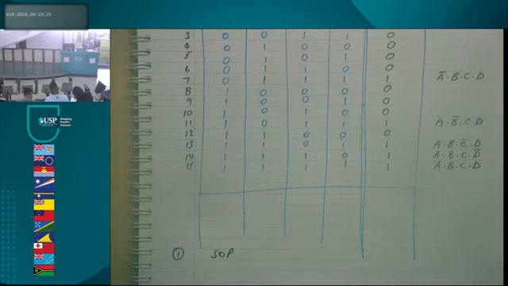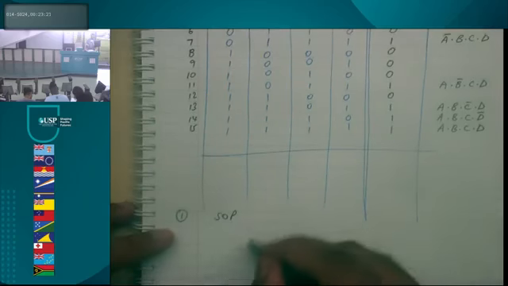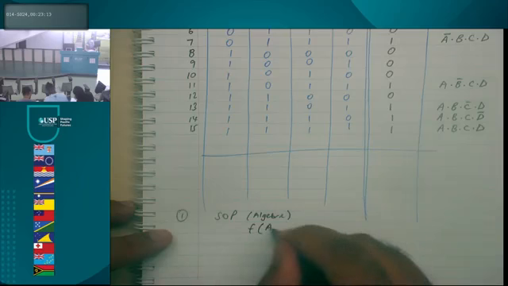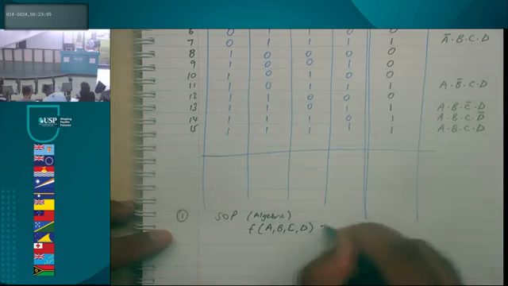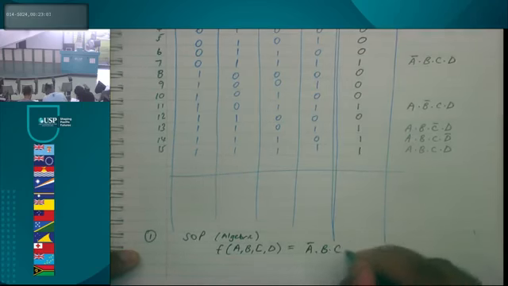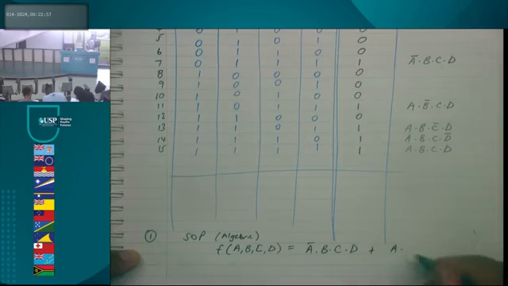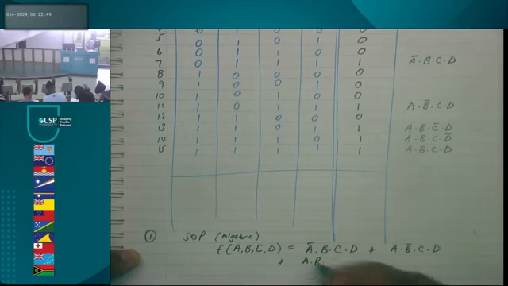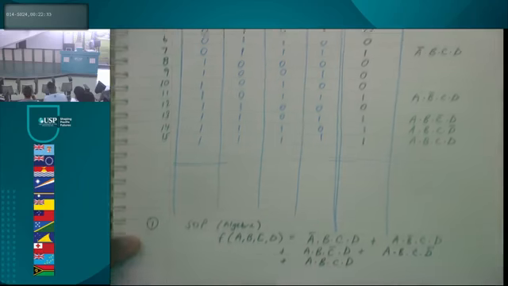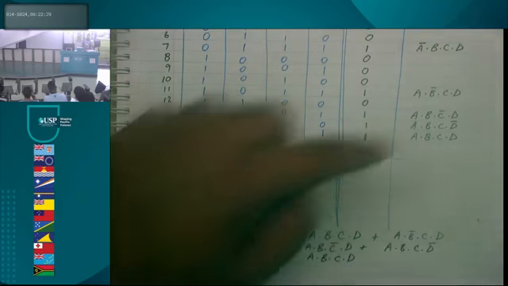All right? Okay. So the sum of products expression in algebraic form will be written as f of a, b, c, d is equal to, put all those terms together: a bar b c d, or a b bar c d, or a b c bar d, a b c d bar, a b c d. 1, 2, 3, 4, 5.